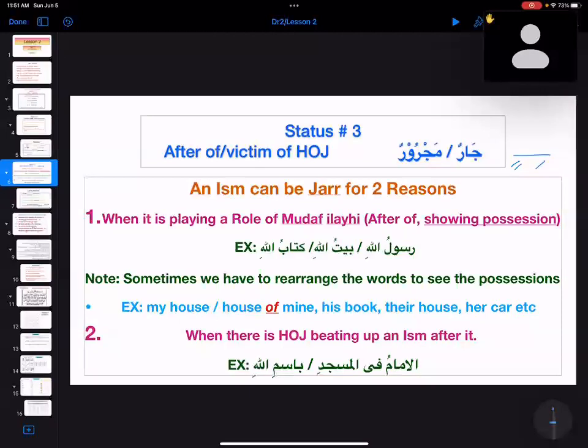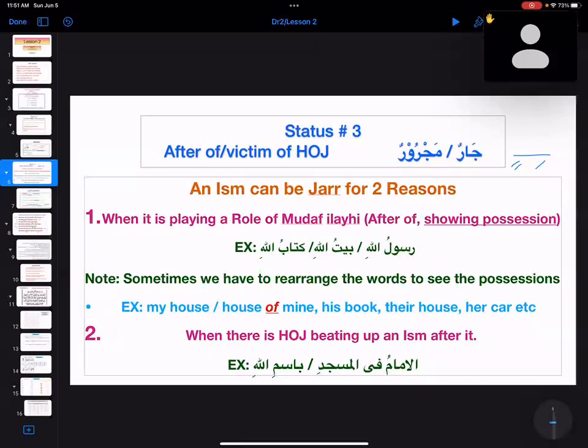And this jar majroor, as we said, one thing is it can show belonging. This is one part of it. Because this is easier to understand, that's why we are referring to it. Otherwise, soon we are going to learn more about what jar majroor is. So for right now, we are going to just think of jar majroor as going to show us possession.